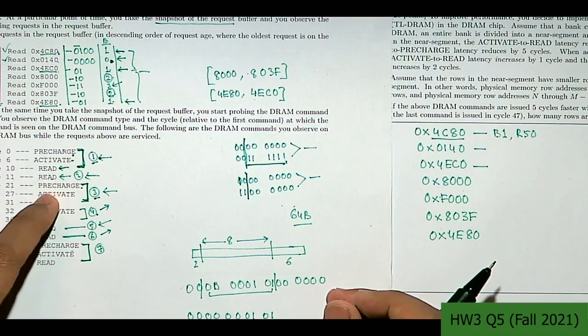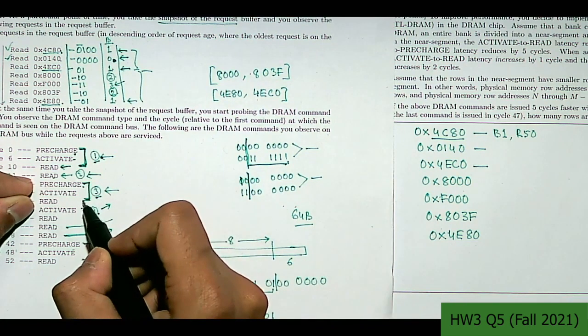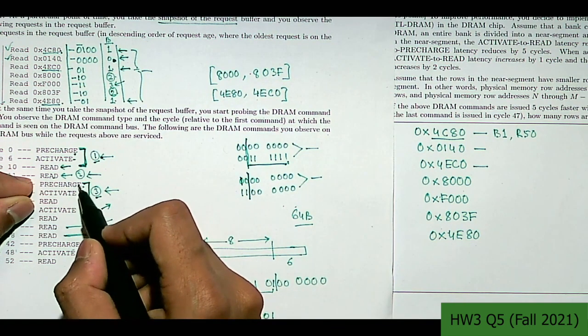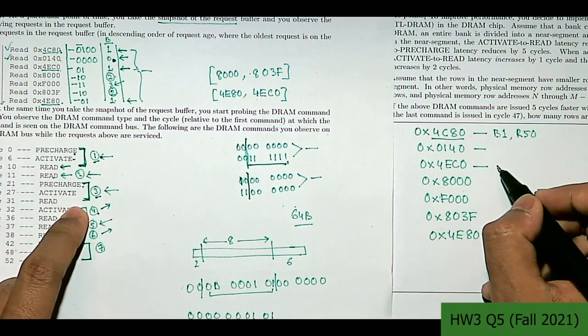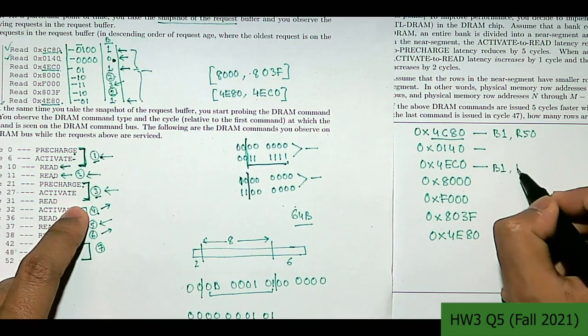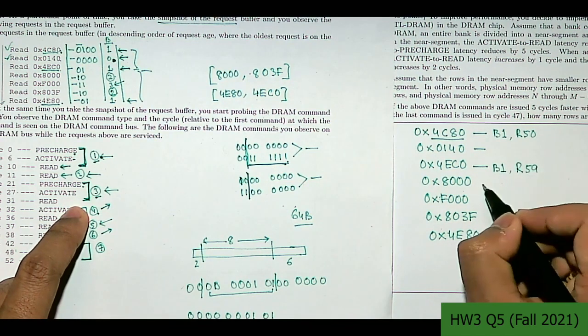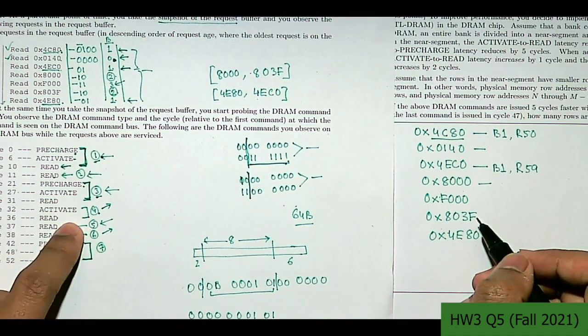The third access also comes with the issue sequence: precharge, activate, and read. This guy is also to bank 1. This is row 59. I know this. Now this is an activate to read.